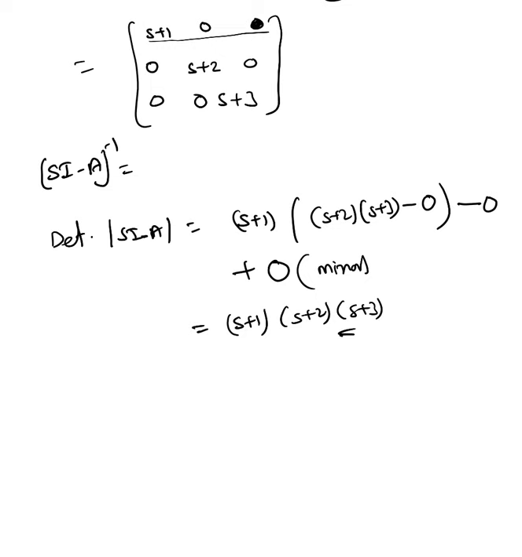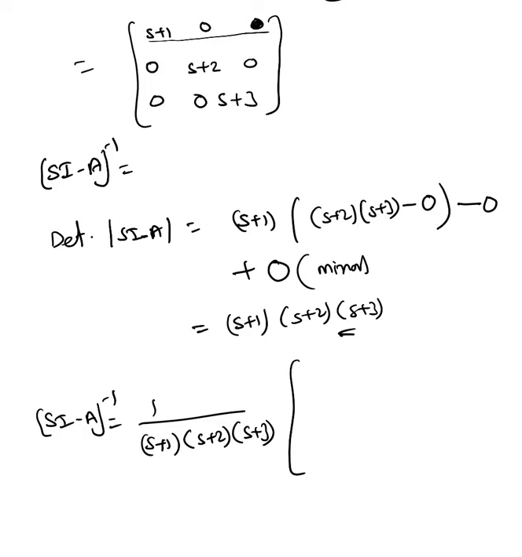Now we'll find (sI minus A) inverse. You already did inverse in homework 1, so I'm not going to explain it in detail. Take the cofactor of sI minus A and then transpose it.